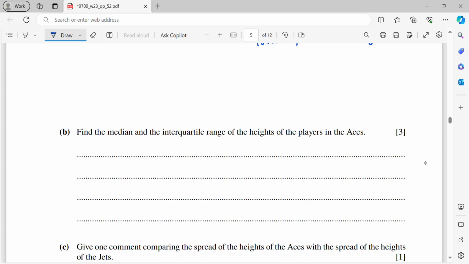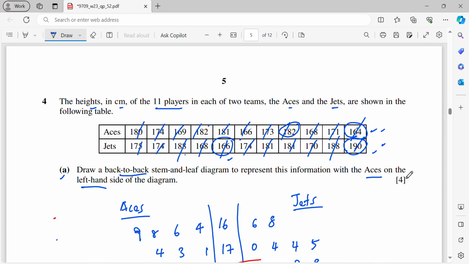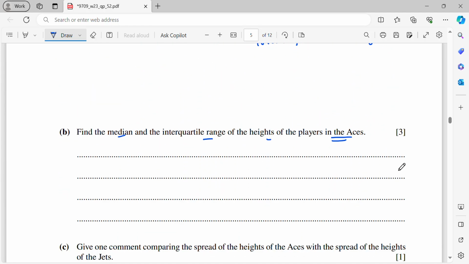Okay, part (b), find the median and interquartile range for the heights of the players in the Aces. So median, now let's check. Initially you have 11 players in each team. So now the median is basically the (n plus 1) over 2 th value. That means now n is 11, so the median is the 6th number.